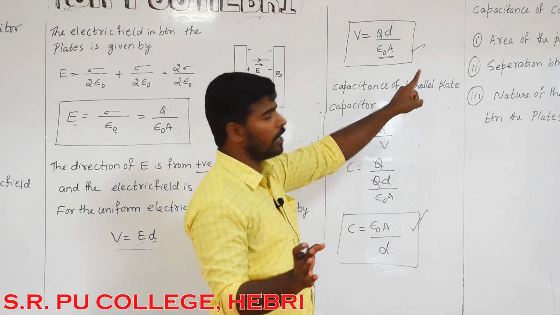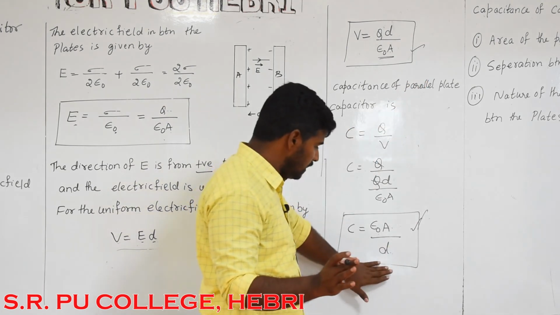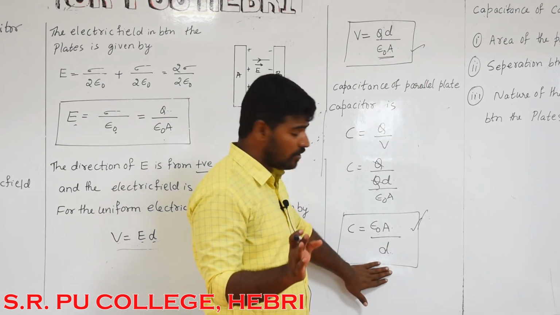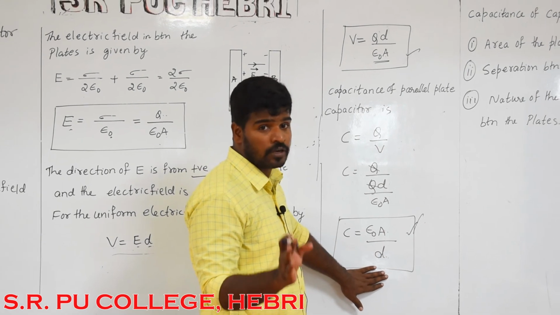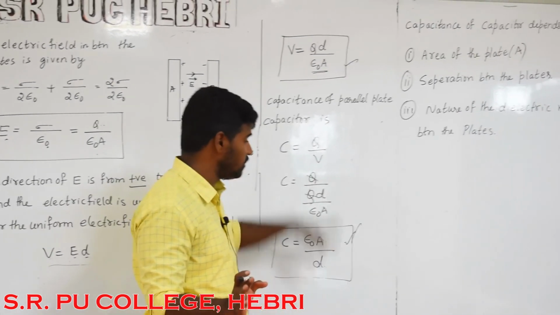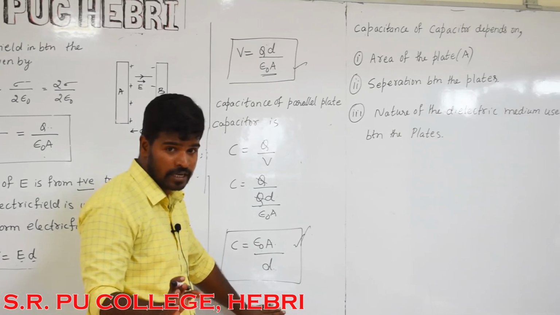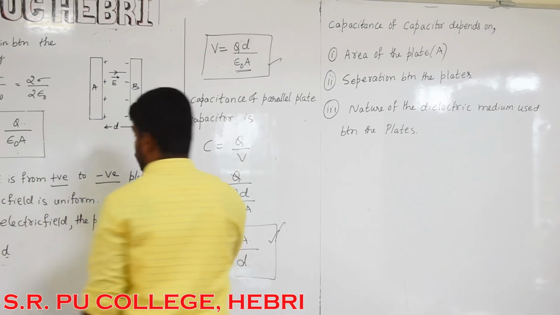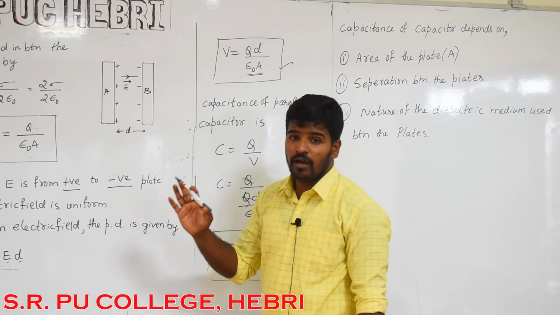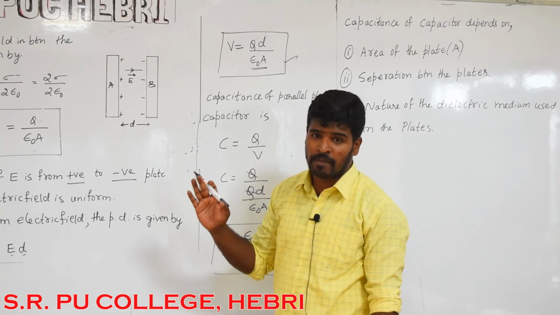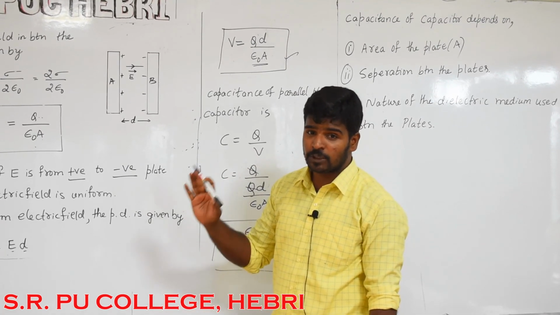This is a very important 3 mark question. Up to here you prove it for 3 marks: arrive at the expression for capacitance of parallel plate capacitors. If it is asked for 2 marks, write the expression for capacitance of parallel plate capacitor and explain the terms.